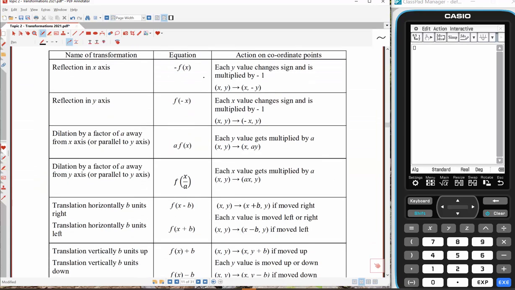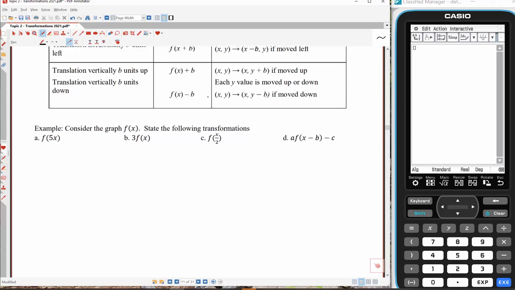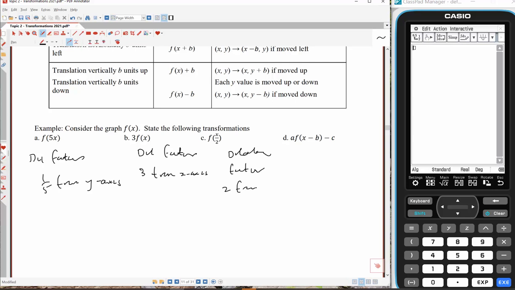Okay, so what I did then was note that these are the summaries of the transformations, and I really quickly ripped through this because, in summary, this is a dilation factor 1/5 from y. Hopefully you know that by now. This is a dilation factor 3 from the x-axis. This one here is a dilation factor 2 from the y-axis.